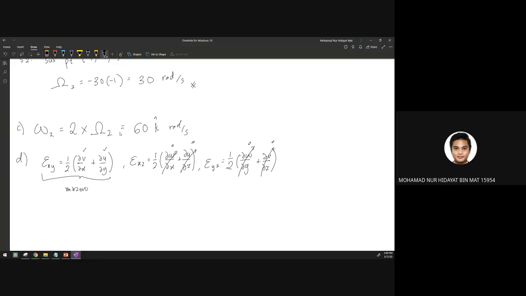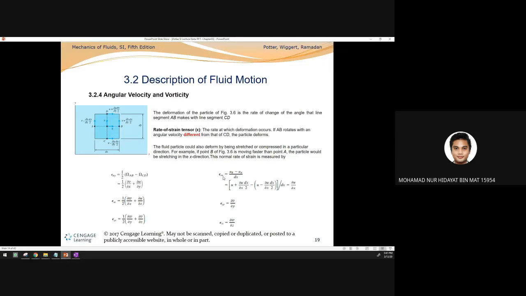Remember that we have the other one. This is in terms of plane deformation. We have another component in terms of stretching and compression, in terms of x component, y component, and z component.